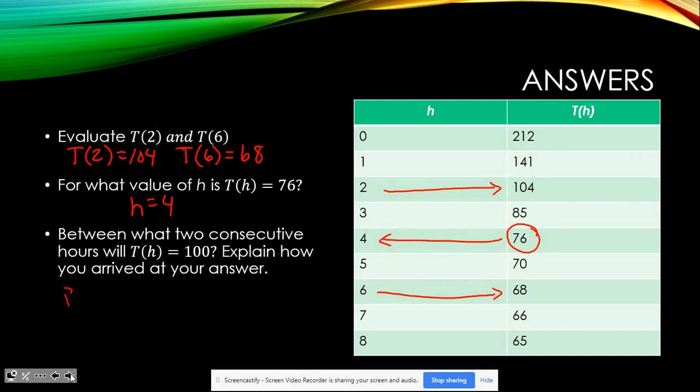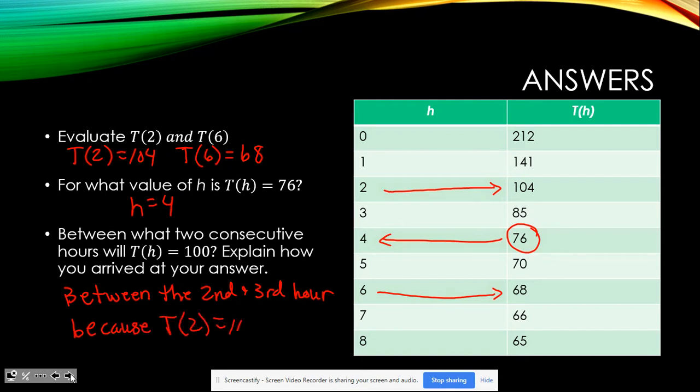So it's between the second and third hour because T of 2 equals 104 and T of 3 equals 85.